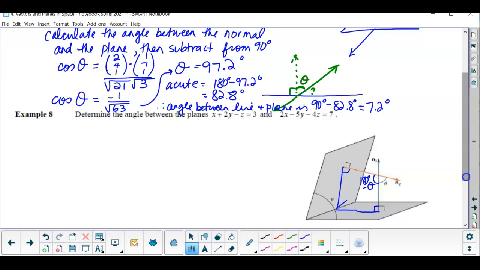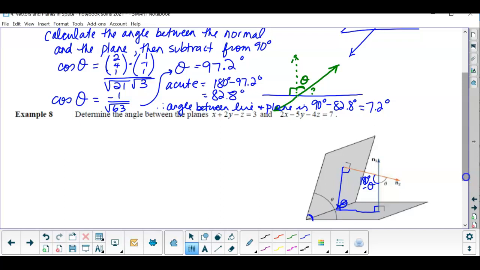These angles here are 90 degrees, right? Any vector on the plane with the normal meets at 90. So if I'm just joining this up, a vector on this plane and the vector here, those meet at 90. A quadrilateral has angles that add up to 360, so that means these two have to add up to 180. Well, if this is 180 minus theta, then this would have to be theta in here. So this angle is the same as this one. So if we find the angle between the two normals, that's going to be the same as this angle between the two planes, based on properties of angles and polygons.